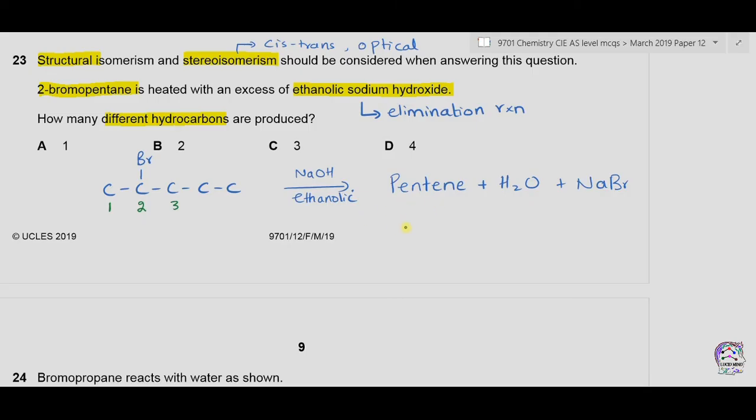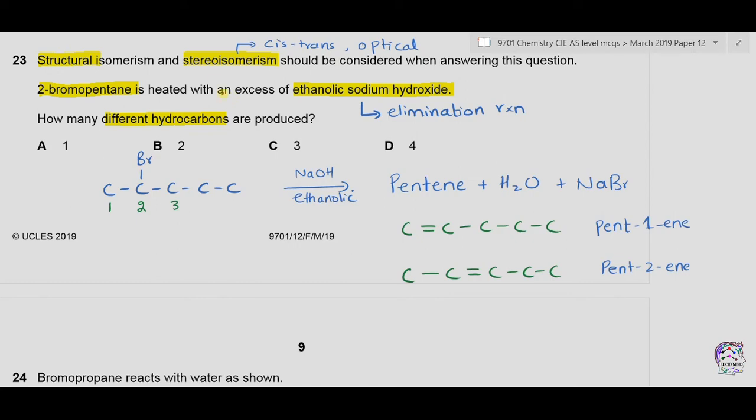So the pentene formed will be like this for the first possibility, and like this for the second one. The names of the products are pent-1-ene and pent-2-ene. These are the only 2 possible structural isomers of the product.